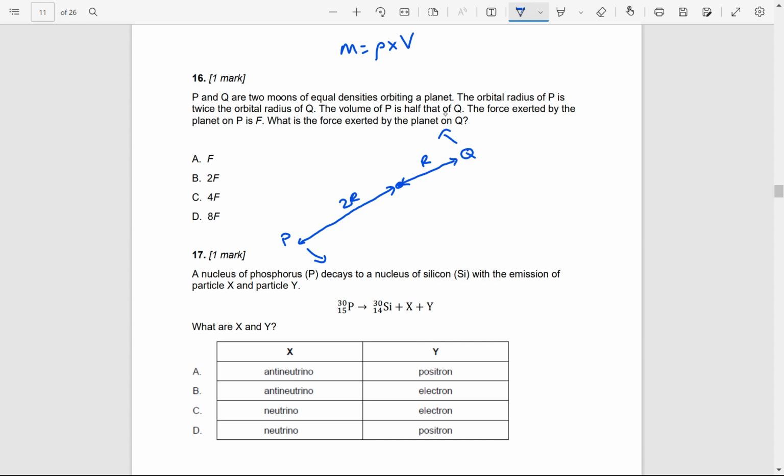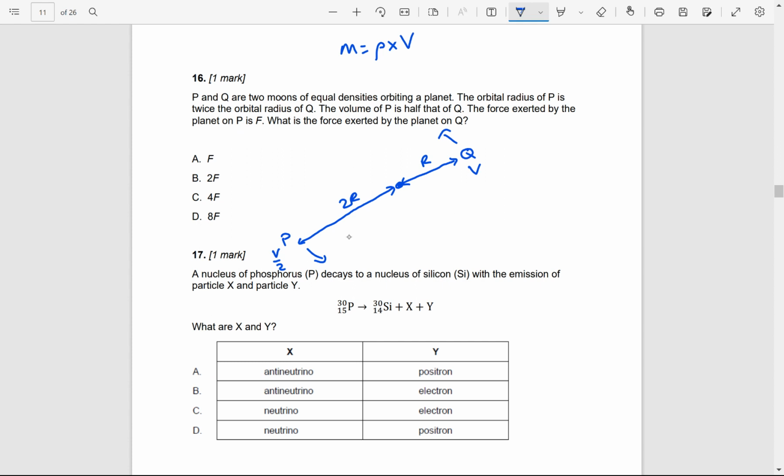The mass, we don't know. The volume of P is half that of Q. So if Q is V, then P is V over 2.